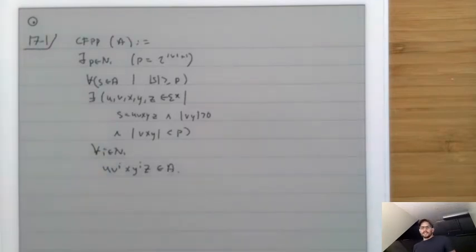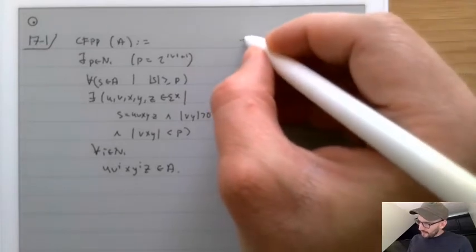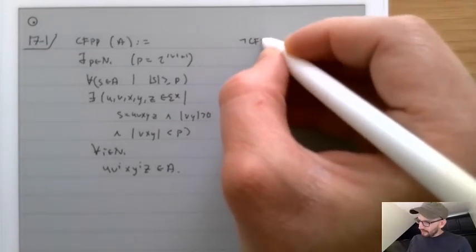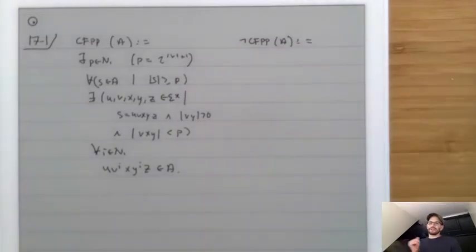Okay? Now, what we want to do is prove the negation of this property for some language A. This is a language that is not context-free.